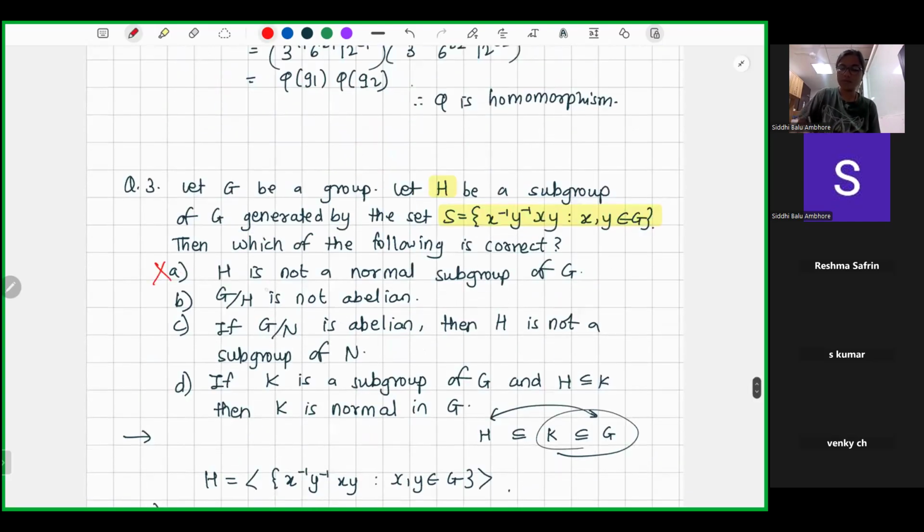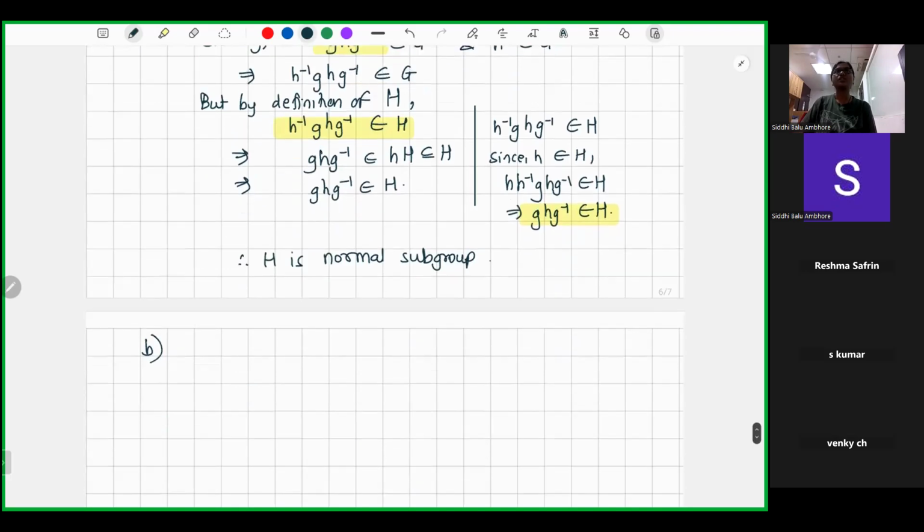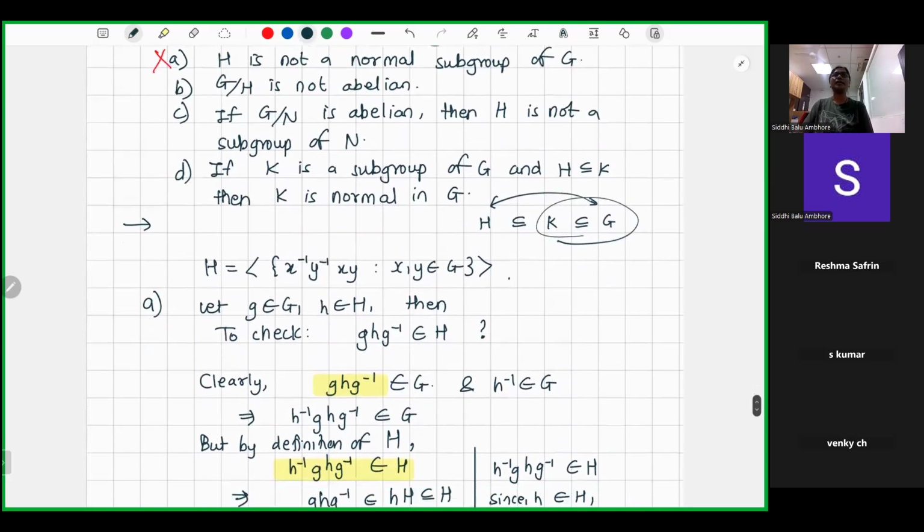H is a normal subgroup. So now G quotient H makes sense. The second option asks whether this G quotient H is abelian or not.